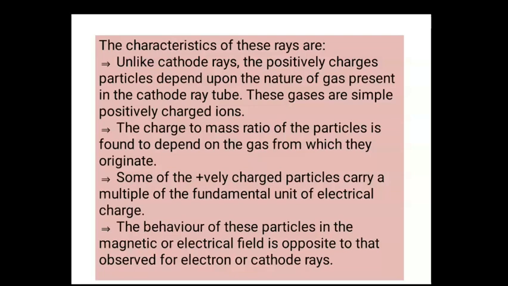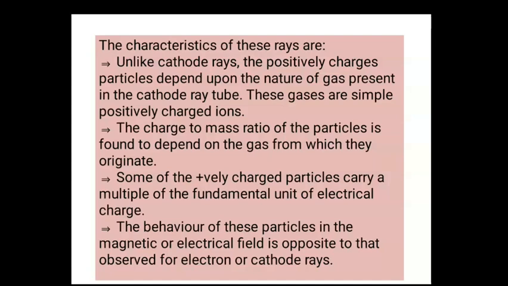So that's why these positively charged particles depend upon the nature of the gas present, and their charge to mass ratio is different for different gases. Some of the positively charged particles carry a multiple of the fundamental unit of electrical charge. As I just explained, helium carries 2 unit charge, means 2 times the charge carried by hydrogen.